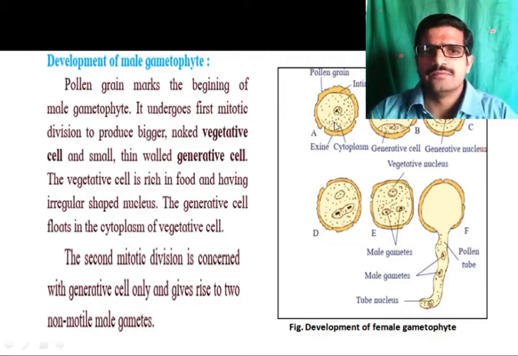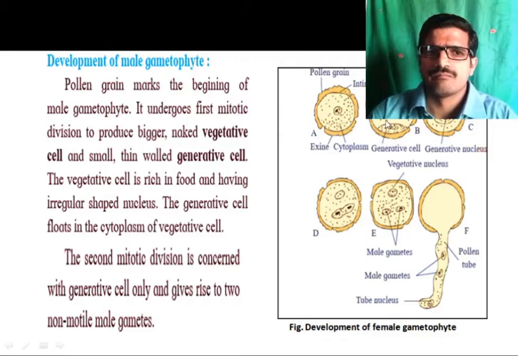This pollen grain undergoes the first mitotic division to produce 2 bigger cells. It produces a bigger naked vegetative cell and a smaller thin-walled generative cell.